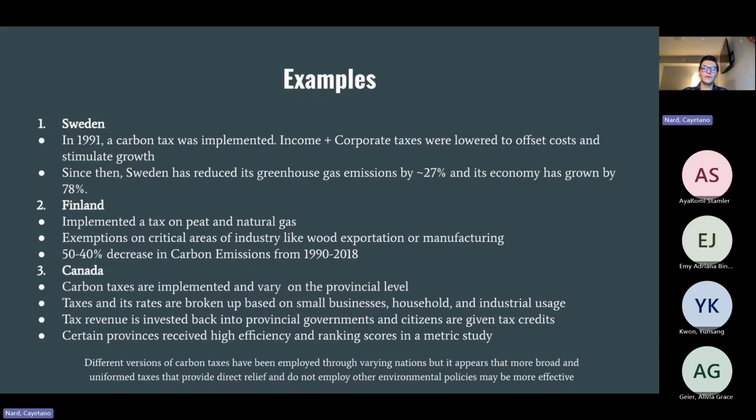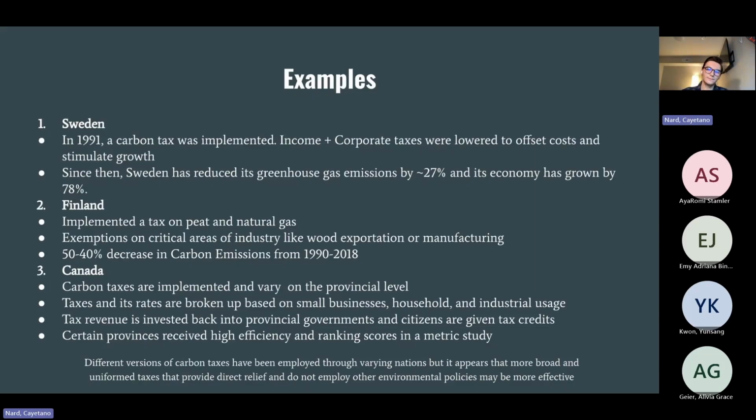Certain provinces receive high efficiency ranking scores in a metric study that analyzed these carbon taxes. These different versions of carbon taxes have been employed across varying nations, but it appears that more broad and uniform taxes are more effective, and that ones that provide direct relief to the consumer increase the effectiveness of these taxes.